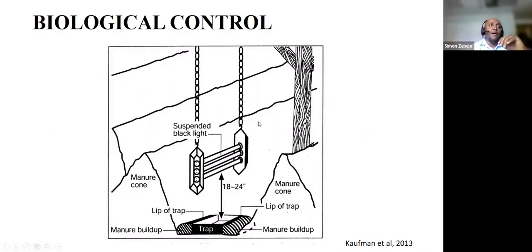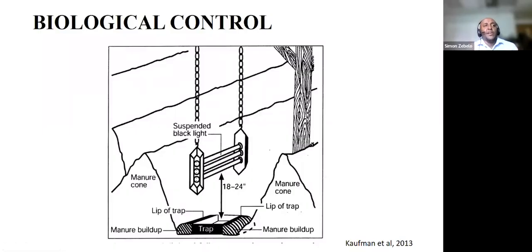So farmers or poultry producers have to have a black light trap with a tray on it, or a pitfall tray in between the manure mounds or manure cone. So when the beetles get attracted to the black light, they will fall into the trap, and the trap will keep them inside.